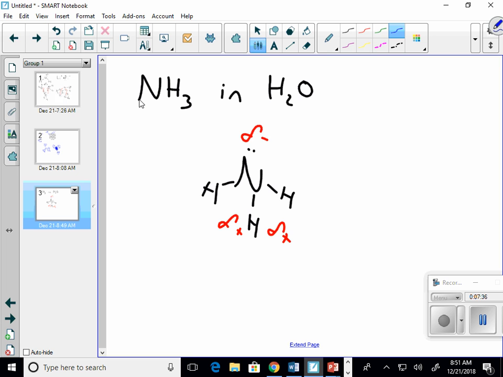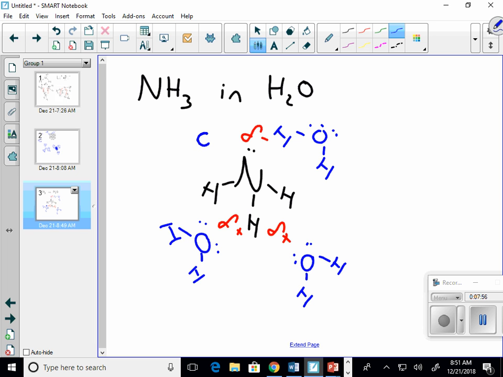This is actually creating hydrogen bonds. NH has a big enough difference in electronegativity that it can create hydrogen bonds. Again, it doesn't necessarily matter how many waters you put around it.